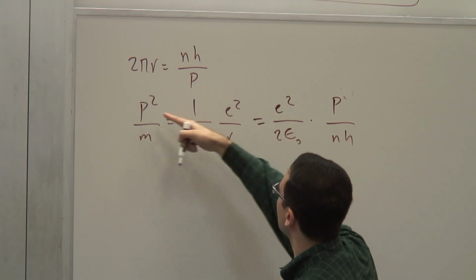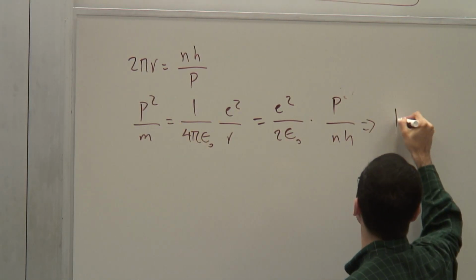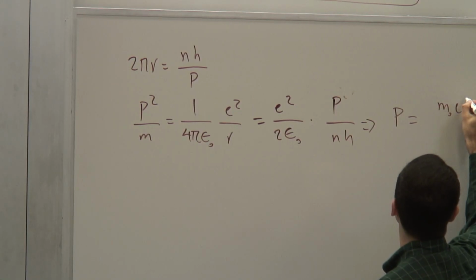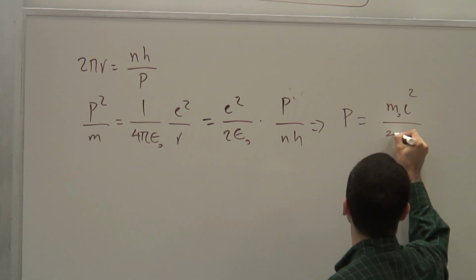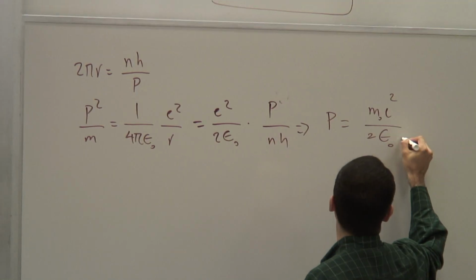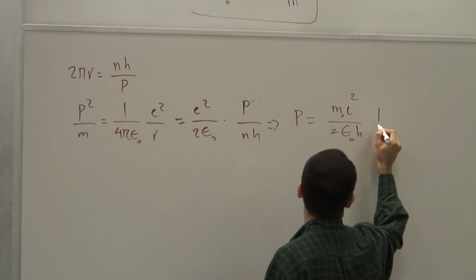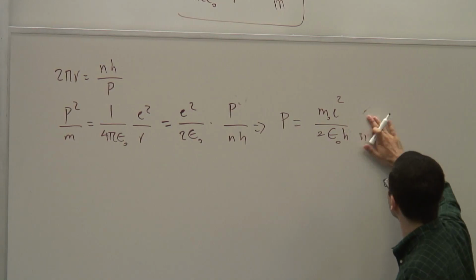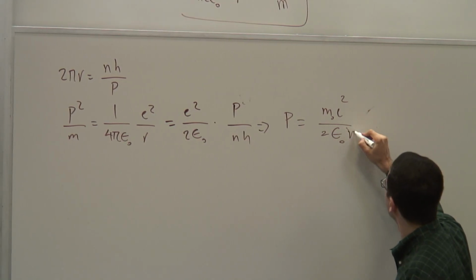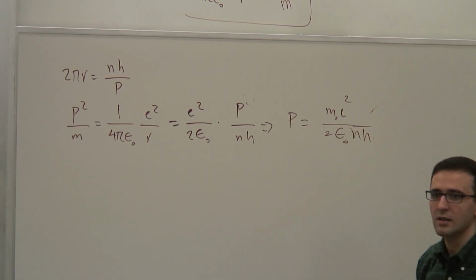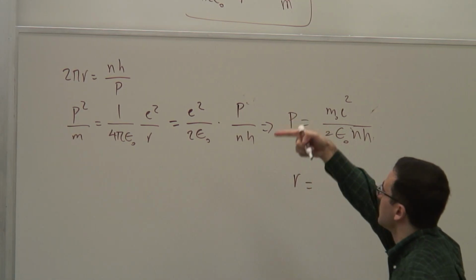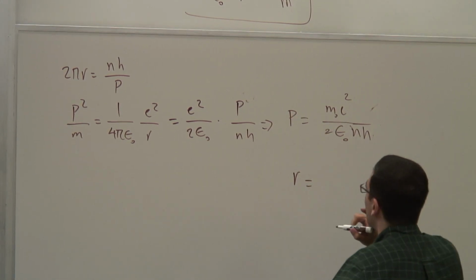And this p cancels that p, so p is m e squared over 2 epsilon naught h, 1 over n. That's right. nh. Okay? And then I can calculate r quickly from that. I can plug this p into that other one and then get the r.